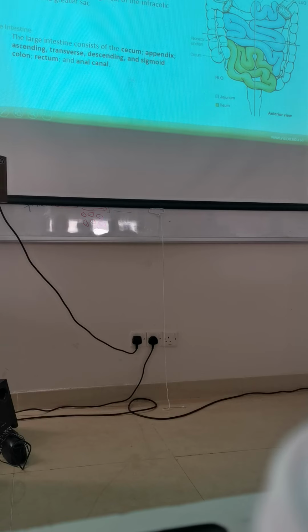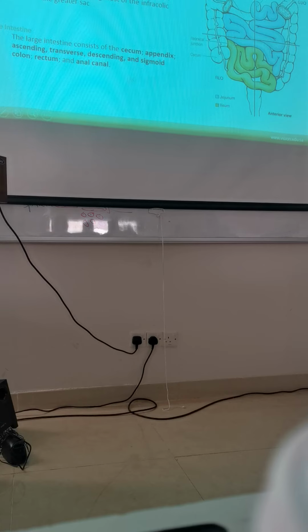After the duodenum we have a junction called the duodeno-jejunal junction. This blue color is showing the jejunum, and then we have the ileum.